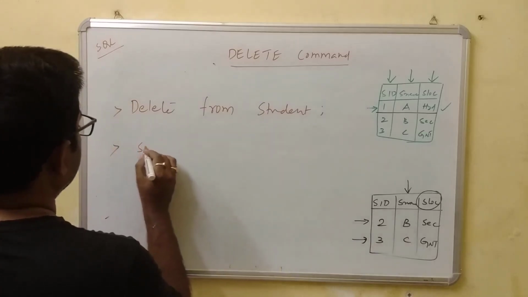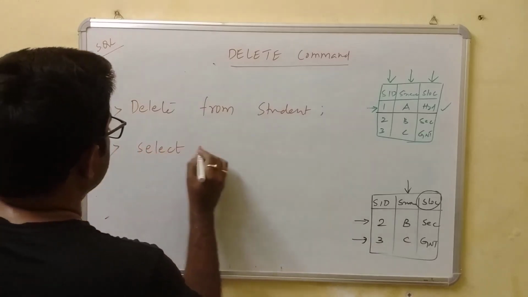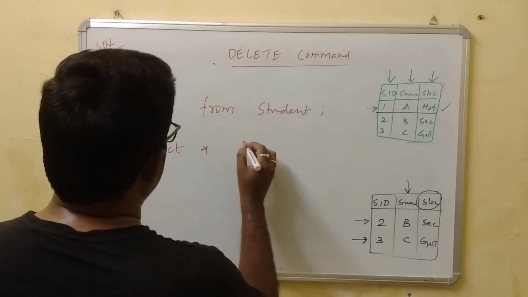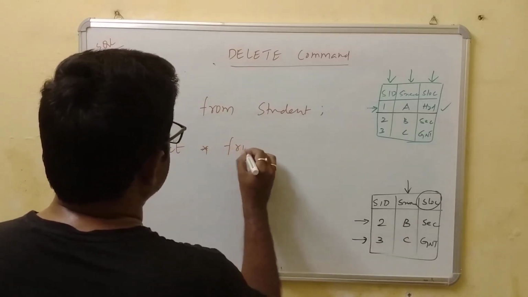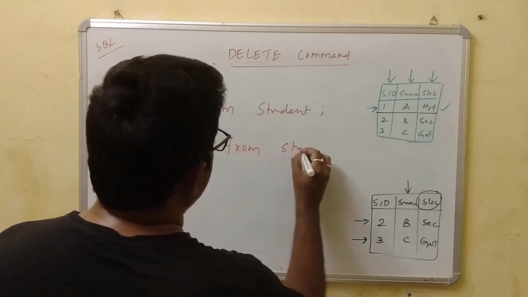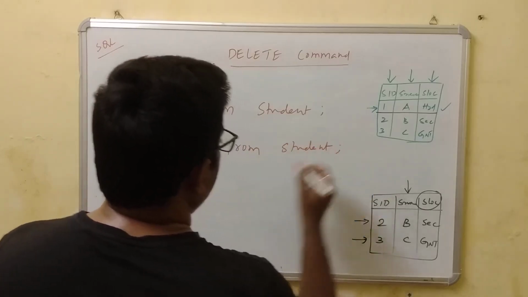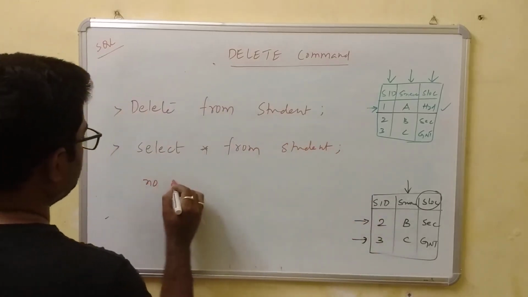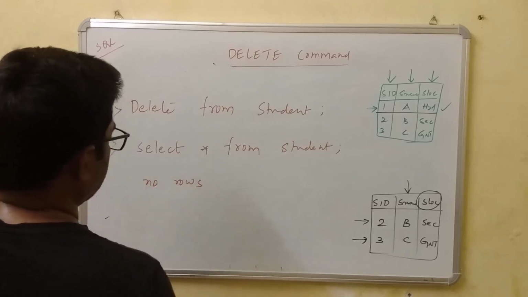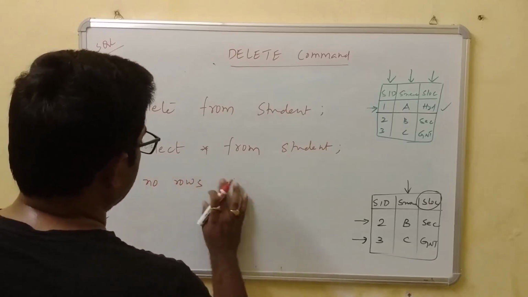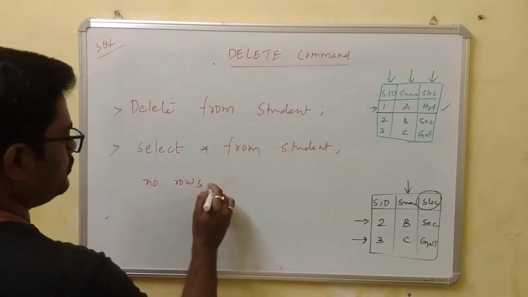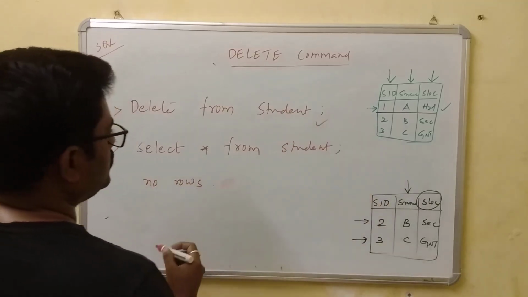If you want to verify that, select star from student. Then you are going to get no rows selected in the table, because all rows are deleted.